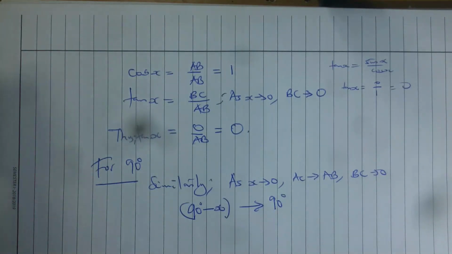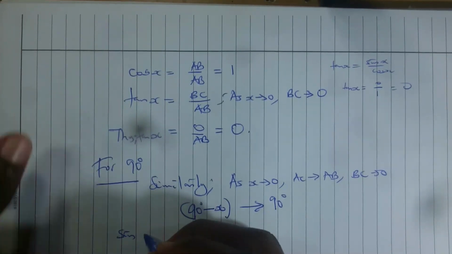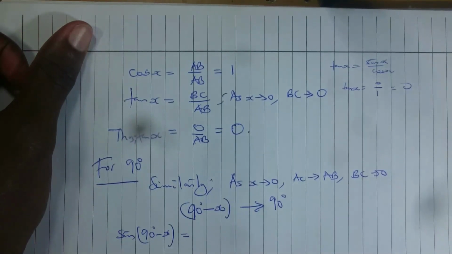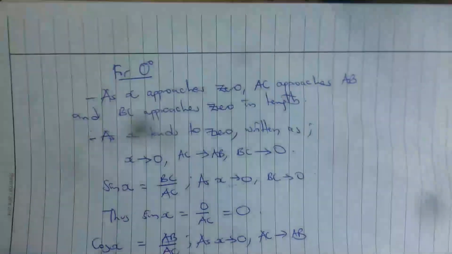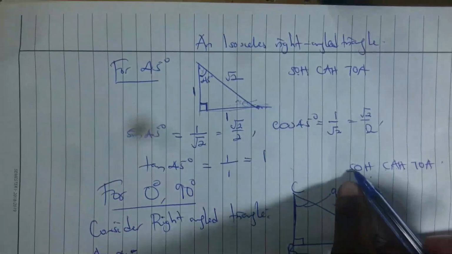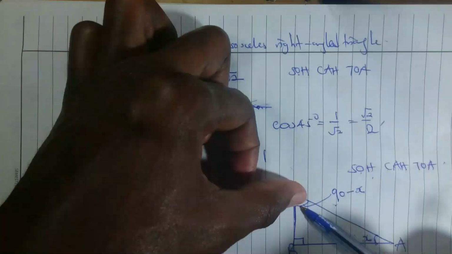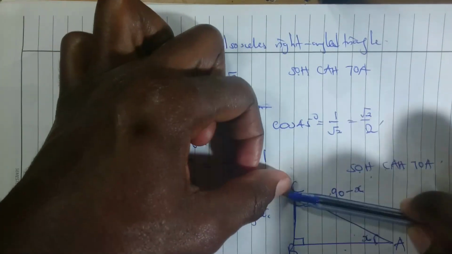Then we can start getting our sine of 90 degrees. Sine of 90 minus x is given by opposite out of hypotenuse. Since sine is opposite out of hypotenuse, we have that angle here. This time our opposite side is AB, because it's that angle coming down.